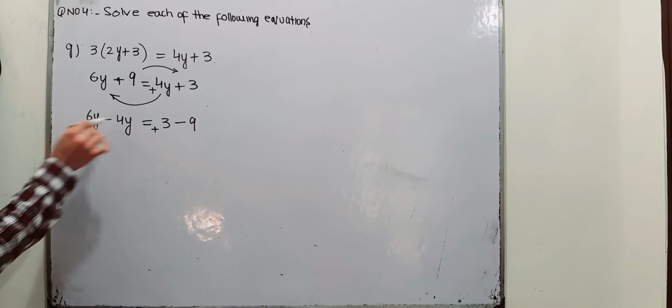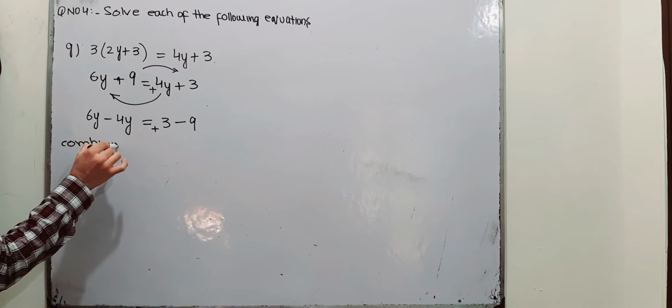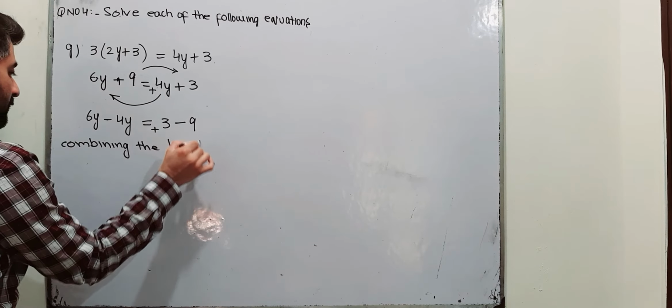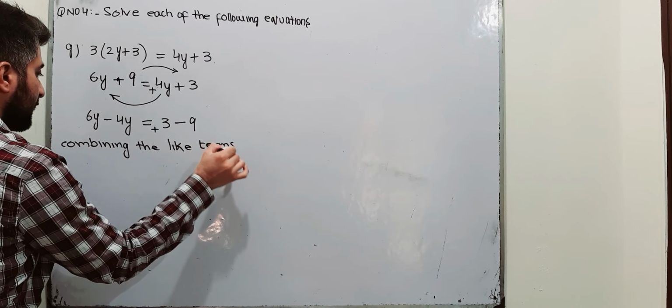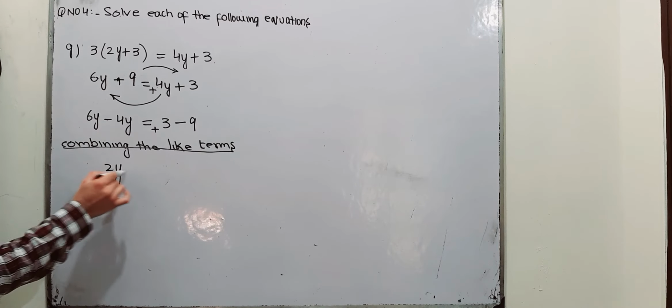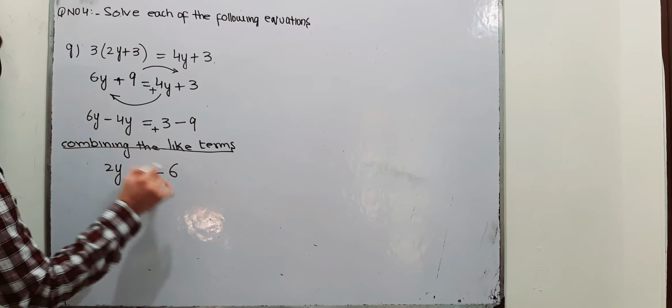Now this process is called combining the like terms. So 6y minus 4y is 2y. 3 minus 9 is minus 6.